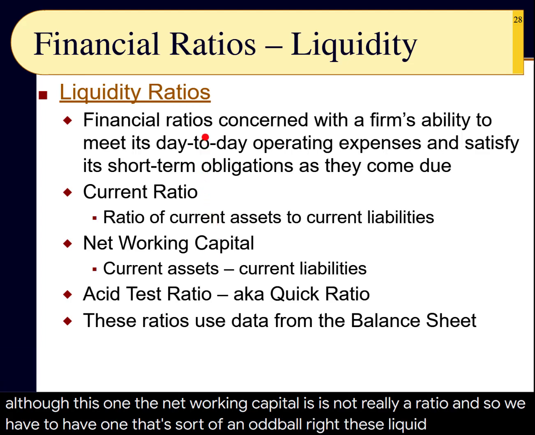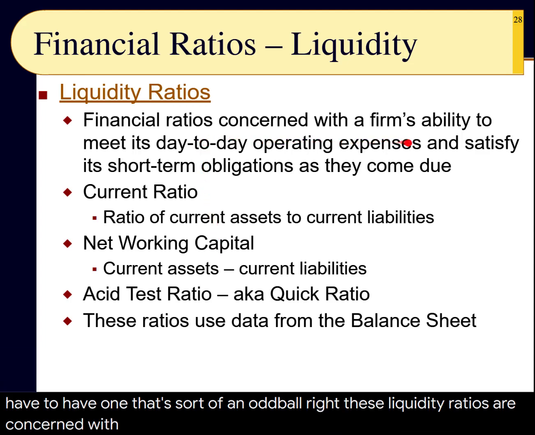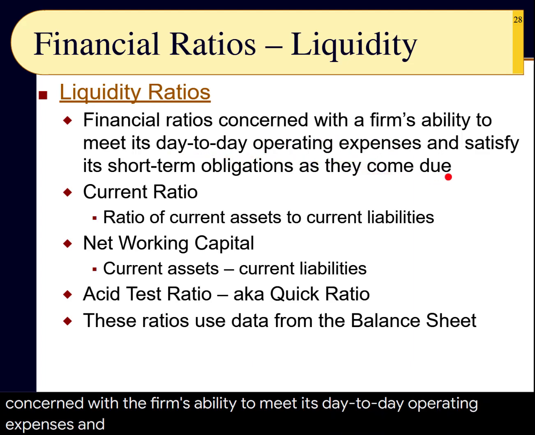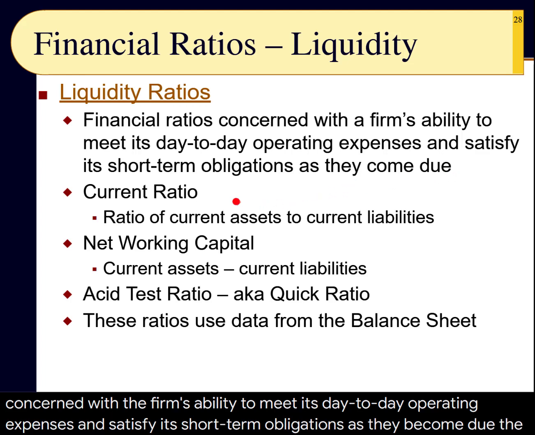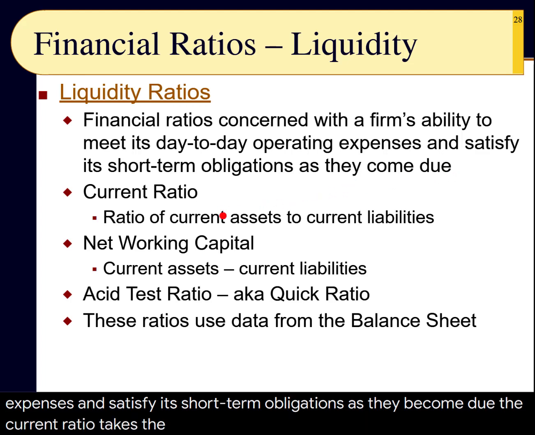These liquidity ratios are concerned with a firm's ability to meet its day-to-day operating expenses and satisfy its short-term obligations as they become due. The current ratio takes the current assets and current liabilities.